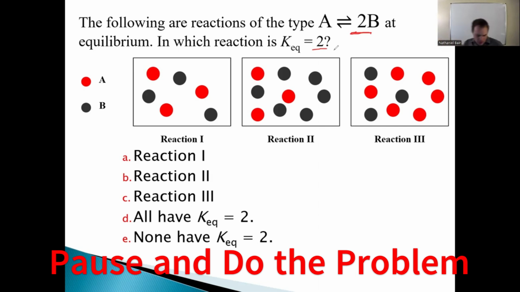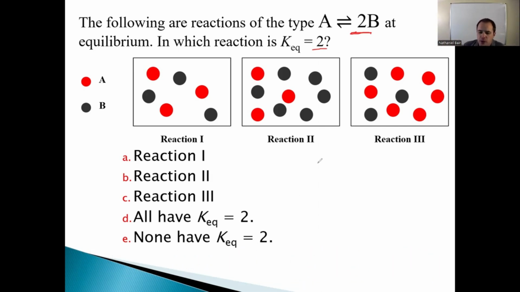So now we're going to write a new mass action expression. The mass action expression now is Kc or Keq equals the concentration of B squared divided by the concentration of A. And now we're going to punch some stuff in here.